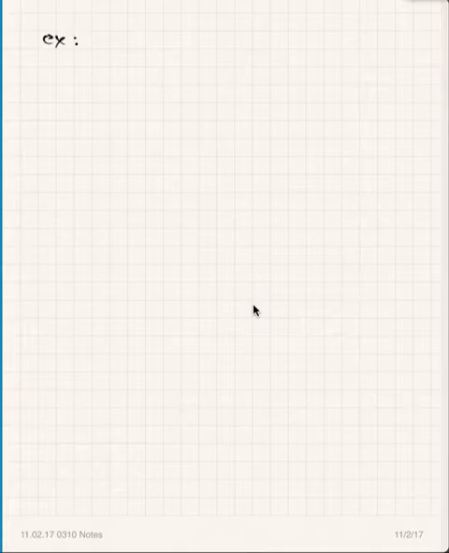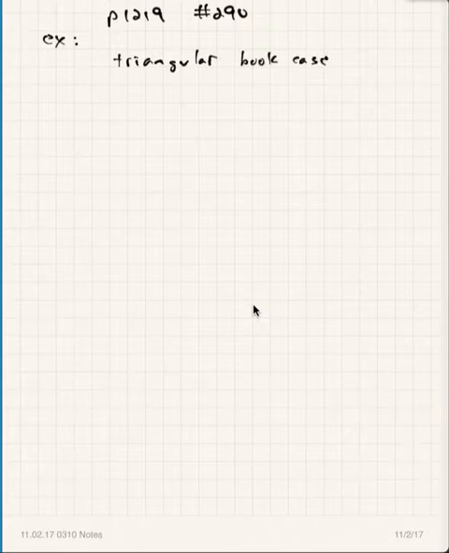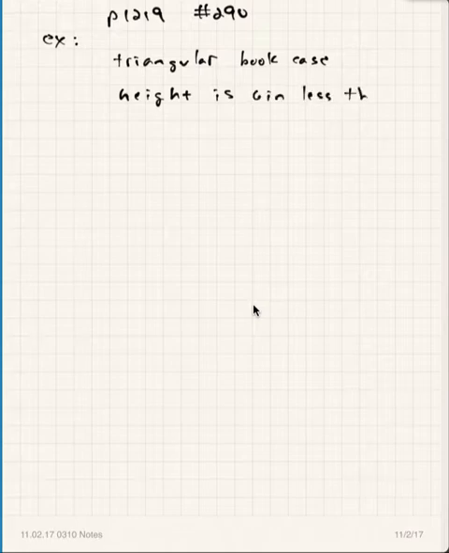By the way, in your book, this is on page 1219, and this is problem number 290 in your book. And in this case, you have a triangular bookcase. The height is, I'm just going to write down the important information. The height is 6 inches less than twice the width.